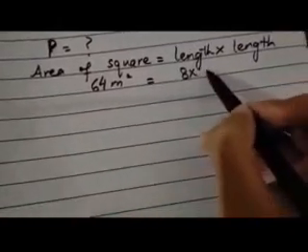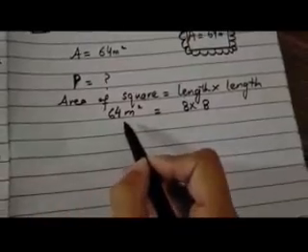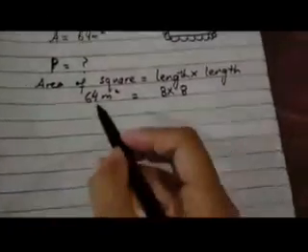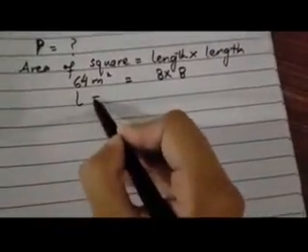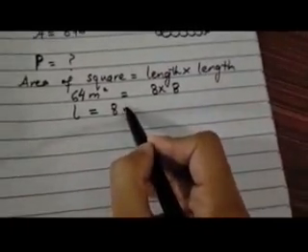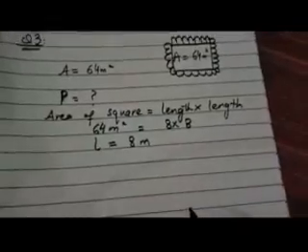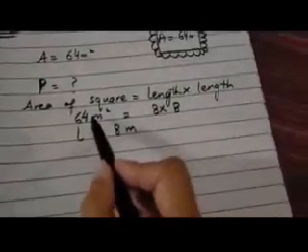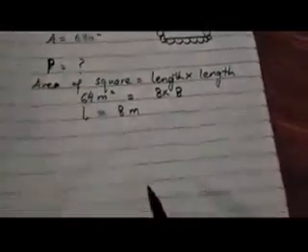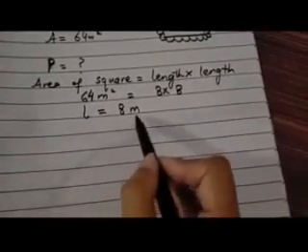That means if you multiply 8 by 8, it will become 64. So the length is 8 meters. Again I am repeating, don't forget your unit. So length is equal to 8 meters.